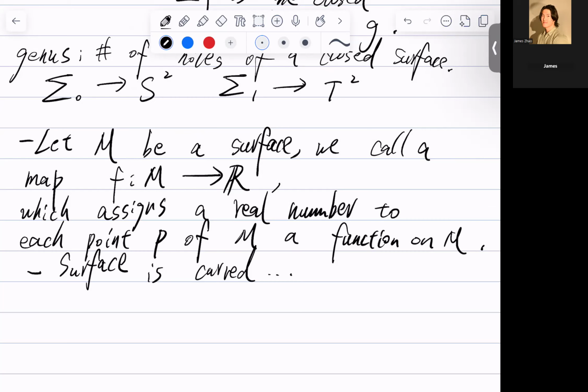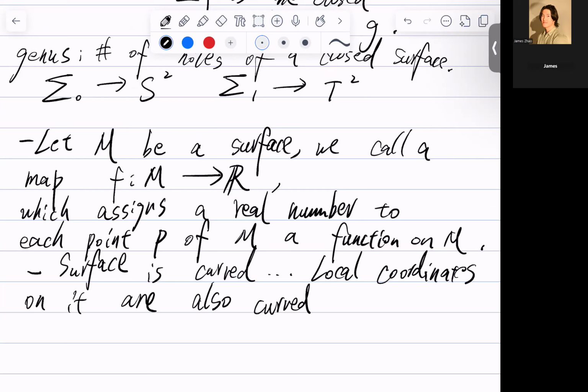Anyways, a quick rant. If we have a surface that's curved, that means our local coordinates on it are also curved. Weird, huh?